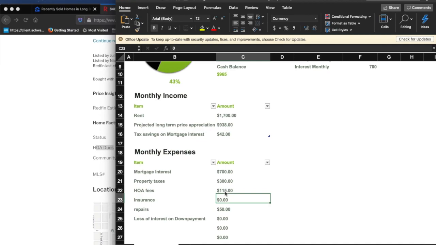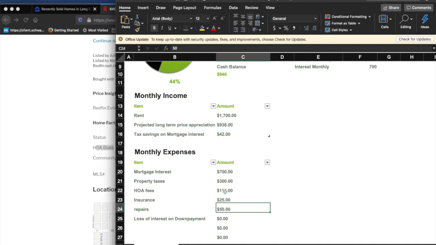Also, insurance might depend on factors like how close it is to a potential fire hazard area or flood hazard area and all that kind of stuff. On condos, insurance is lower. Usually, I had it as cheap as I think $15 or $16 per month. Very, very cheap. Let's go here with $25 per month. That shouldn't be too bad.